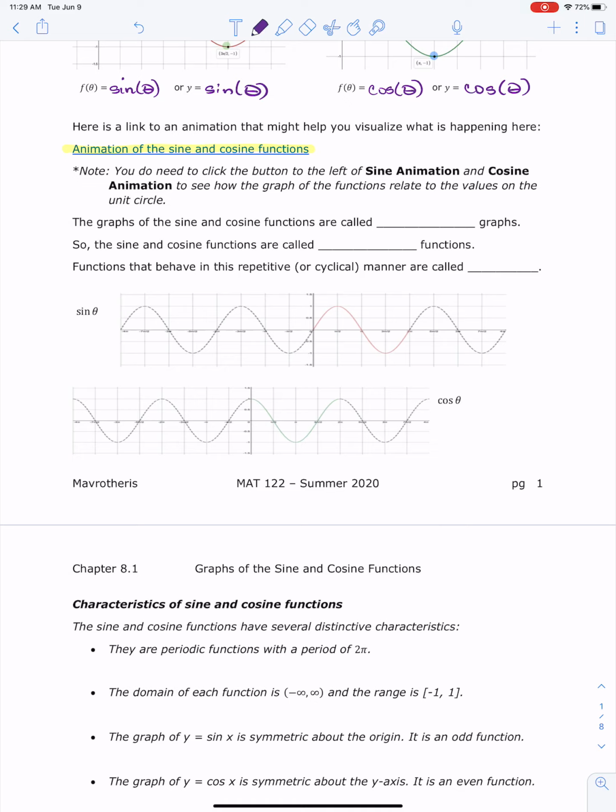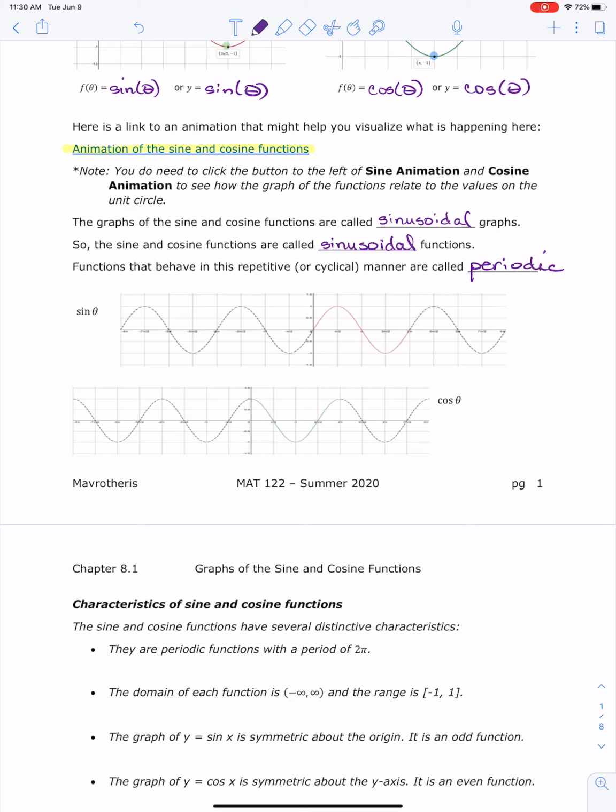We have a special name for these types of graphs. These are called sinusoidal graphs. Sine and cosine are sinusoidal, which means the sine and cosine functions are called sinusoidal functions. Any function that behaves this way, that repeats or is cyclical, is called periodic.